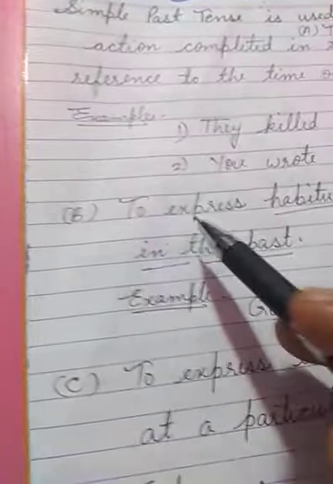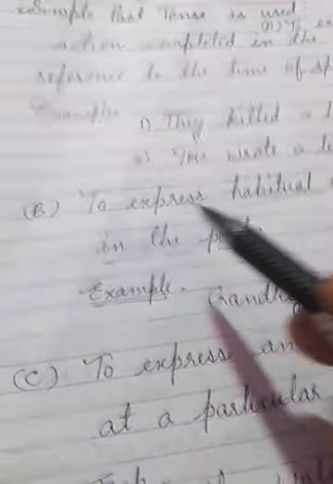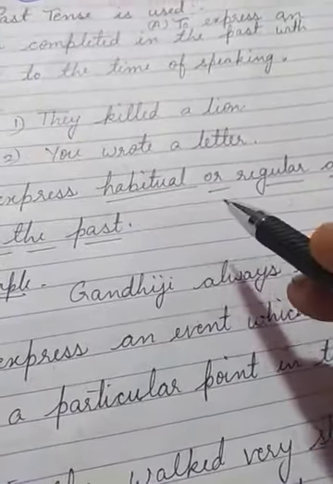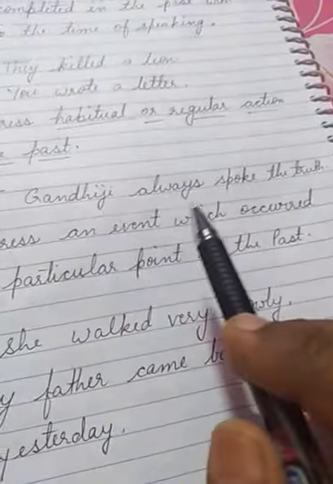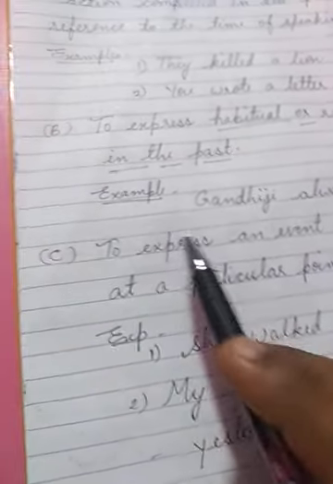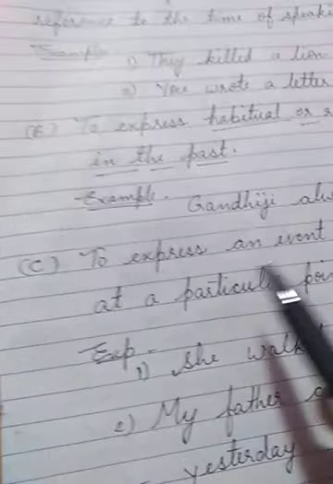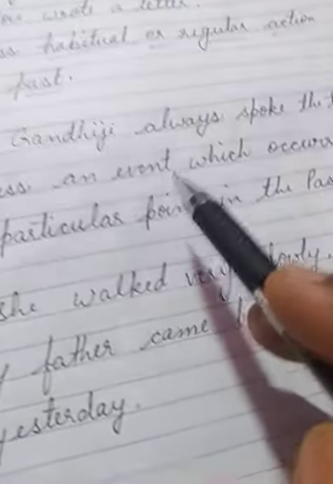Second, we use simple past tense to express a habitual or regular action in the past. For example, Gandhi ji always spoke the truth. Third, we use simple past tense to express an event which occurred at a particular point in the past.